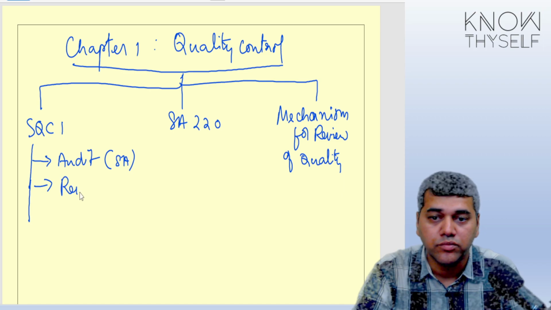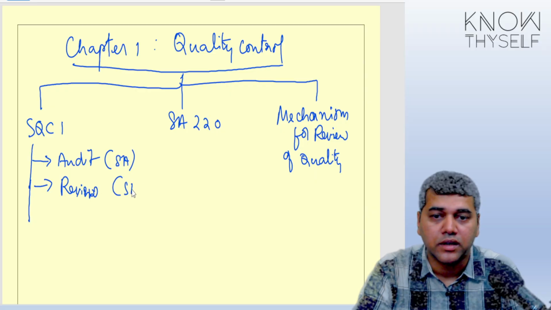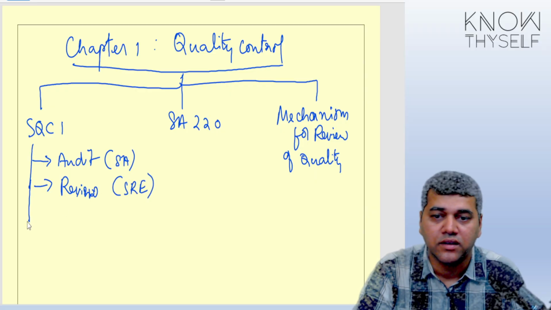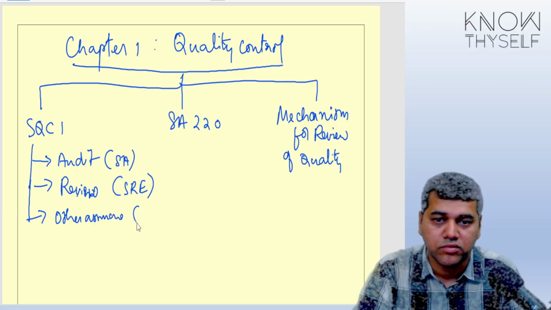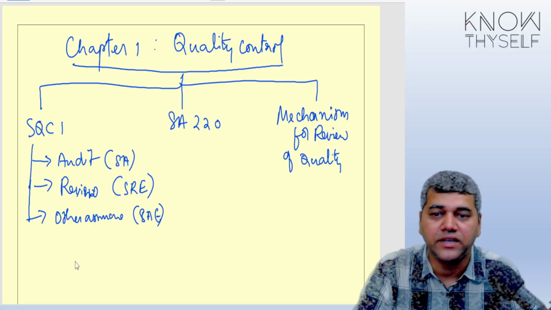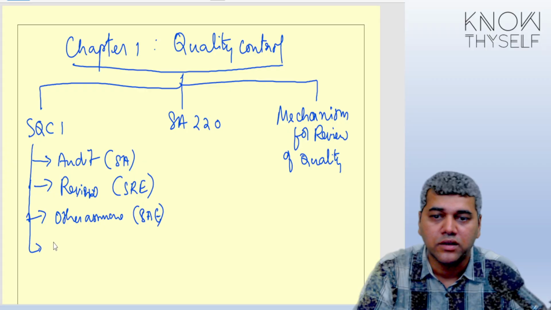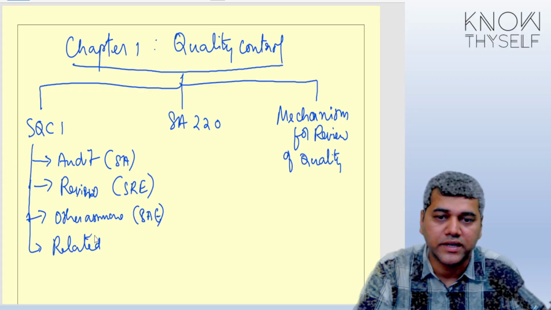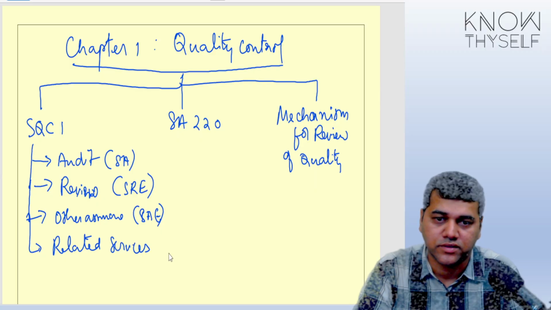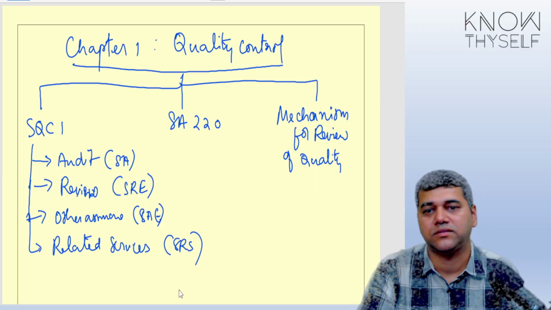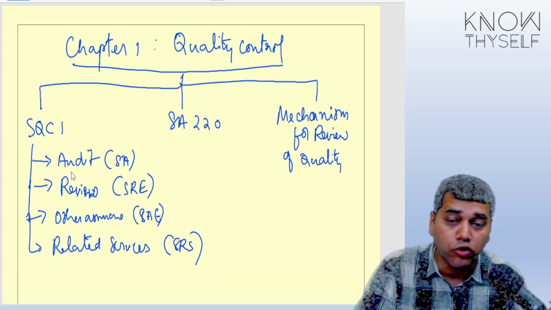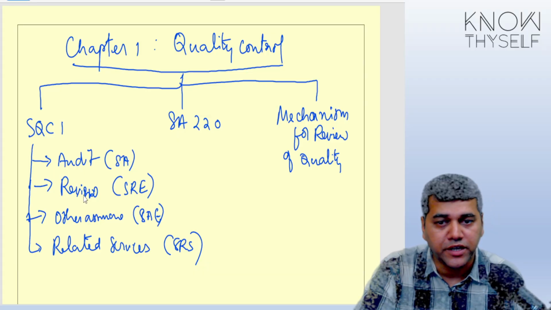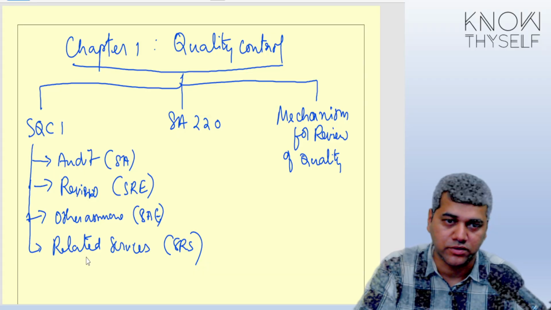Then review engagement, SRE, other assurance engagements, SAE, and related services, SRS. So what will SQC cover? It will be covered for 4 types of engagement: audit engagement, review engagement, other assurance, and related services.